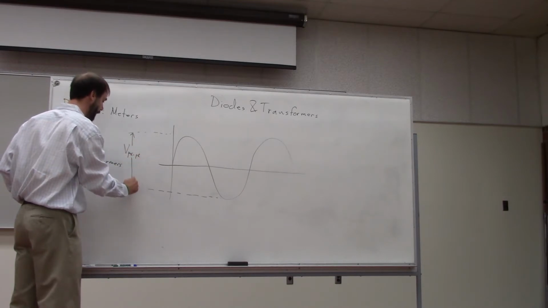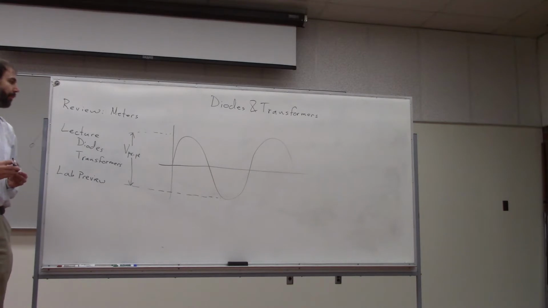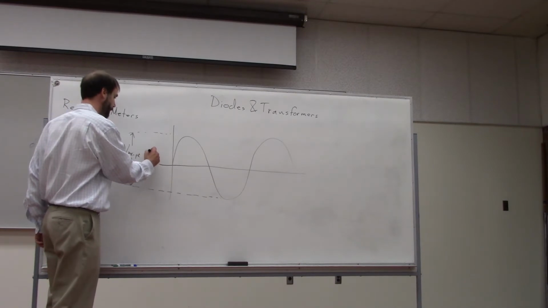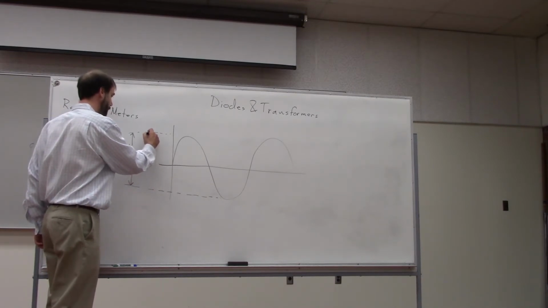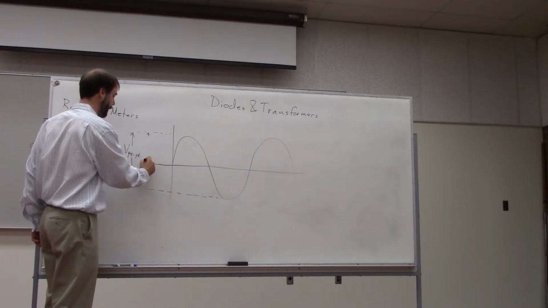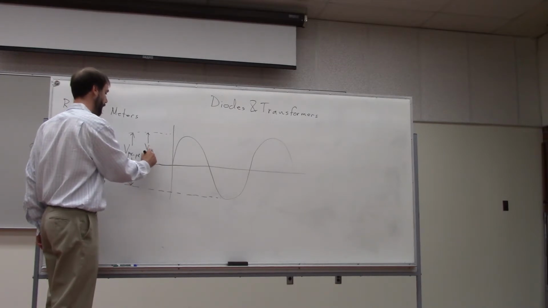So that's one way of quantifying AC voltages, but that's not the only way, okay? Another way would be looking at the amount of voltage from the top of your wave down to the middle line, or 0 volts. So that could be called the peak voltage, okay, or VPK for short.